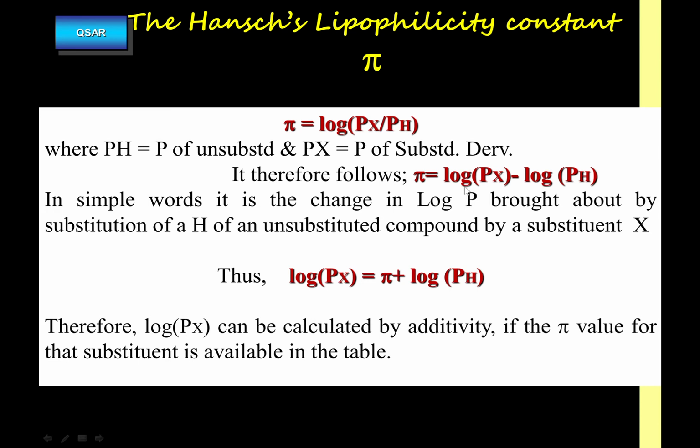So in simple words, the change in log P brought about by the substitution of H by substituent X is expressed by pi. In other words, the log P of the substituted compound is nothing but the original compound plus the change brought into that, which is the Hansch lipophilic parameter.